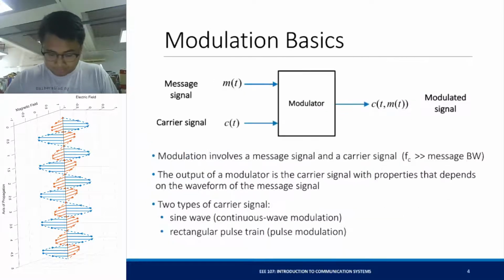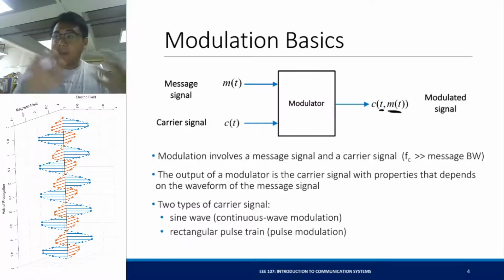Okay. So the basics of modulation is shown in the block diagram here. The modulator has two inputs, the message signal and the carrier signal. And the modulated signal will be a function of time and of the message signal.